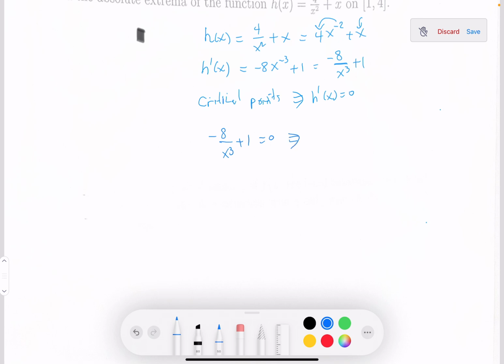If you take the minus 8 to the other side, it's 8 over x cubed equal to 1. Then if you multiply x cubed on both sides, it's 8 equals x cubed. So x equals 8 to the power 1/3. If you put this into your calculator, you're going to find this is equal to 2. So the answer is 2.